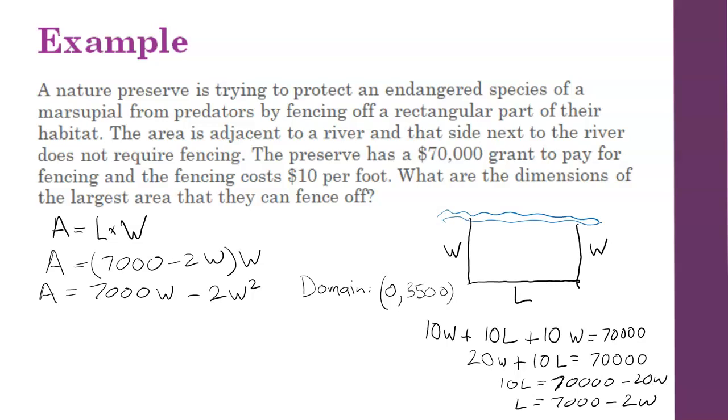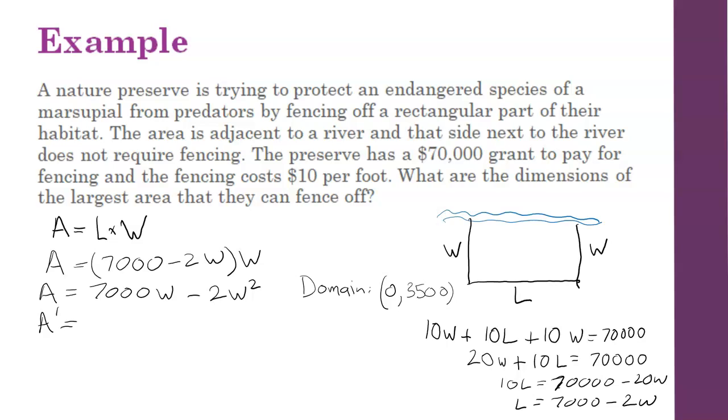All right, so now I have an equation. I have my domain, and all I really need to do is go back to the methods we had learned earlier to find the maximum or minimum of a function by taking its derivative, setting it equal to 0, and solving. So let me do that. I'm going to take the derivative of this function.